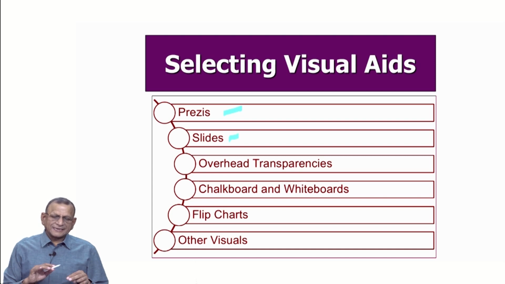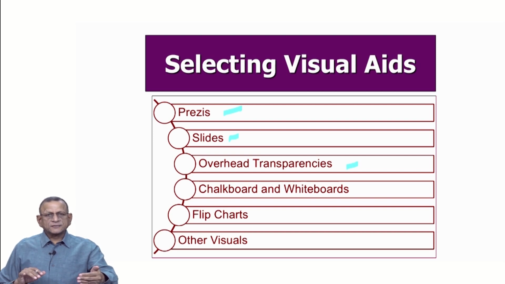Then friends, we have slides, PowerPoint presentations. Normally everybody is using them and you are quite comfortable with that. You are in a position to know about it. Then the third one is overhead transparencies. Yeah, in good old days we used to have OHPs, overhead projectors, and for that we used to create transparencies on a transparent plastic sheet.